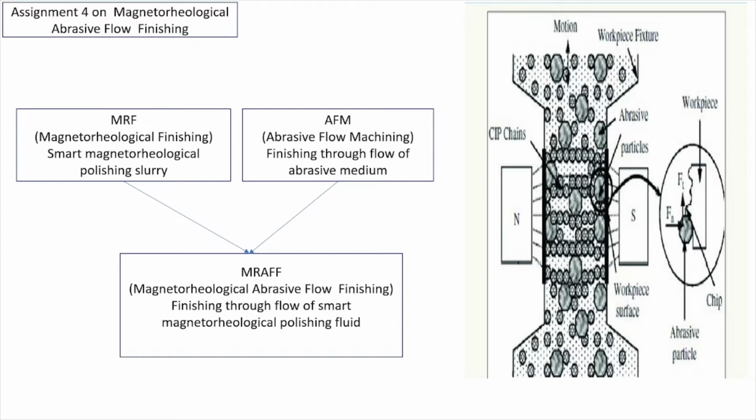And in the previous class, about the abrasive flow finishing process, we have seen how it occurs. With the abrasive-laden medium, due to the abrasive flows, workpiece material is removed and finally the workpiece is finished.